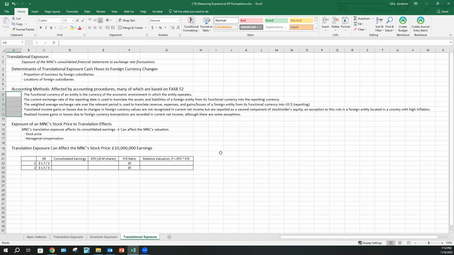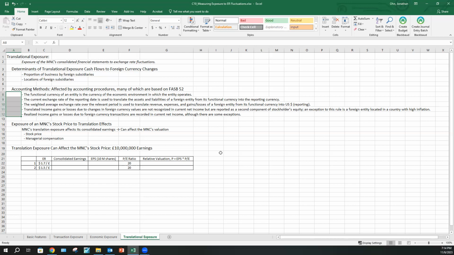Translated income, gains, or losses due to changes in foreign currency values are not recognized in current net income, but are reported as a second component of stockholders' equity. An exception to this rule is a foreign entity located in a country with high inflation. And realized income, gains, or losses due to foreign currency transactions are recorded in current net income, although there are some exceptions.